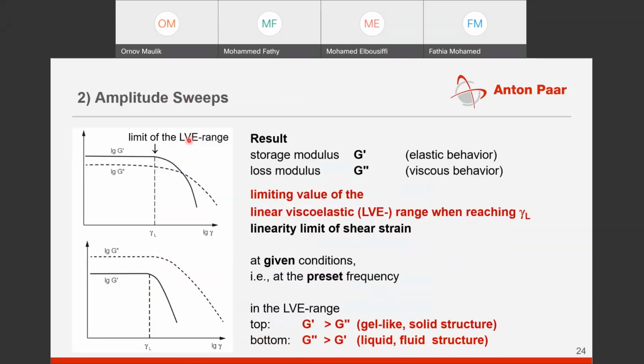You would find the same information in an amplitude sweep, in terms of the linear viscoelastic range. That would mean that below this deformation, the structure of your material is intact. After this deformation, there is some sort of plastic deformation in the structure.